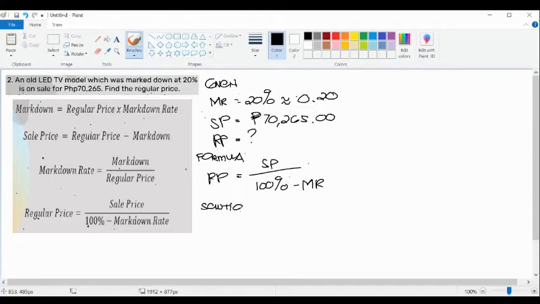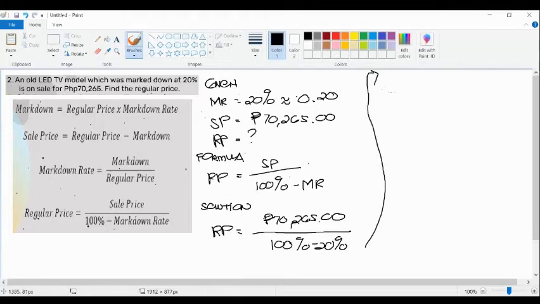So our solution would be regular price is equal to 70,265 pesos over 100% minus 20%. So that is equal to 70,265 pesos over 80%, which is also equal to 0.80.